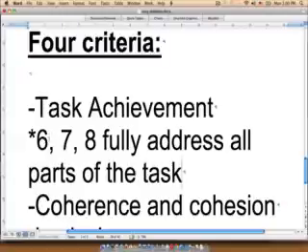So if you're wondering, well, what distinguishes writing between a band 5 and a band 6, one of the key things in the task achievement portion of the mark is that a band 6 or above will fully address all of what is being asked of the student in the question.